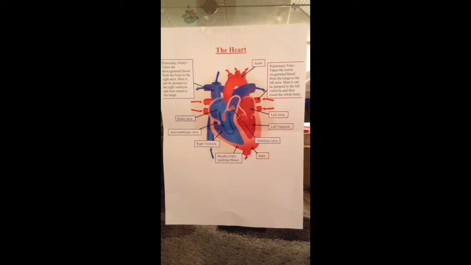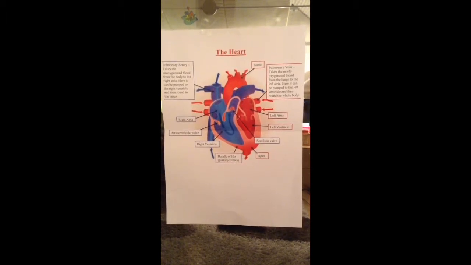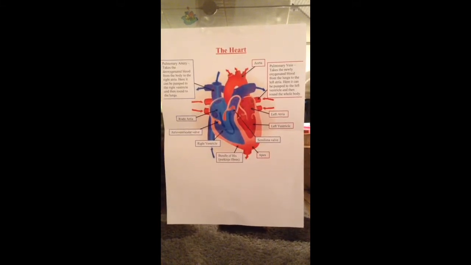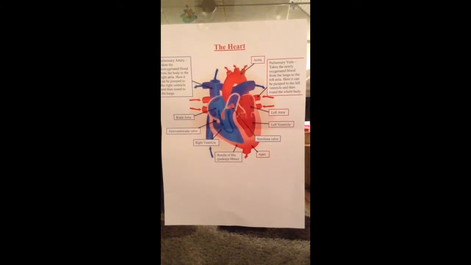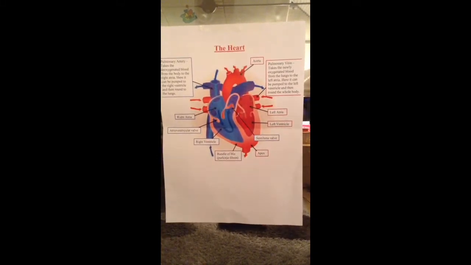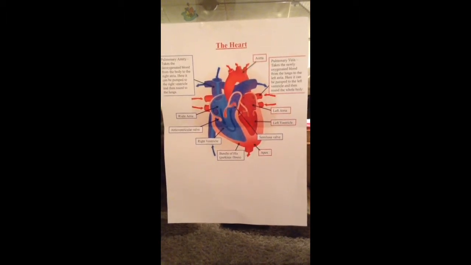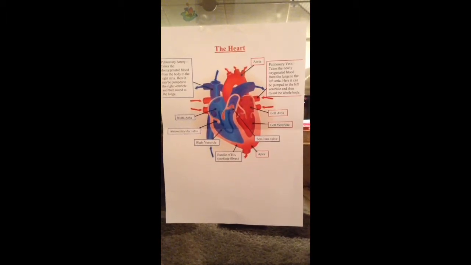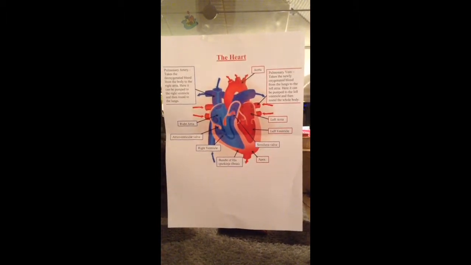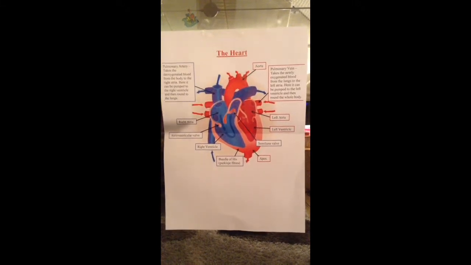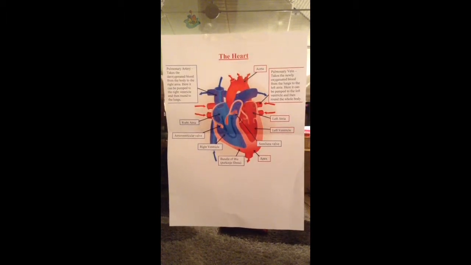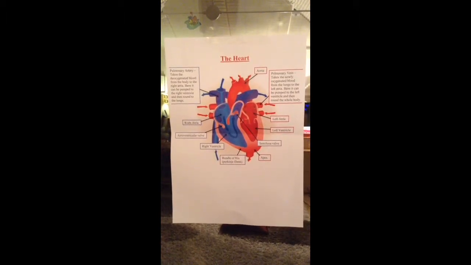The way the heart works is it's myogenic, which means that it has its own electrical impulse, which means if you take the heart out of the body, it will continue to beat because it works itself. So this all starts by the pacemaker, which is where the electrical impulse starts in the heart, and that's called the SAN, the sinoatrial node, which is in the top of the atria. This will send out an electrical impulse around the walls of the atria, causing it to go through systole, which is contraction.